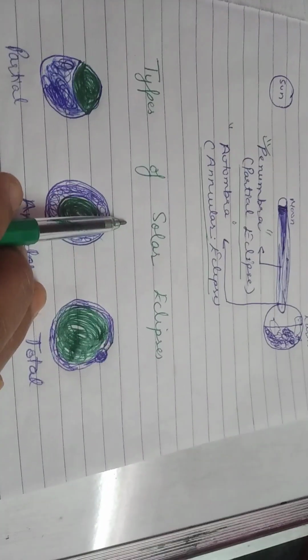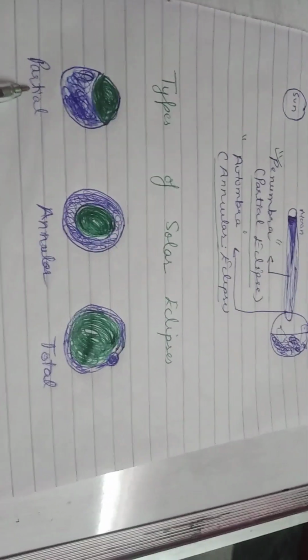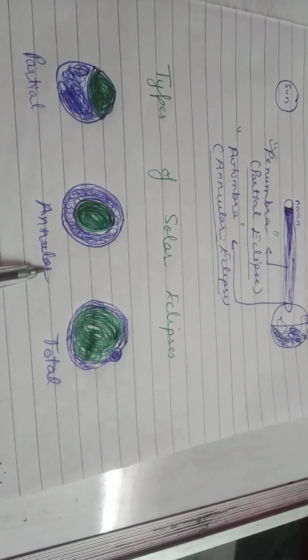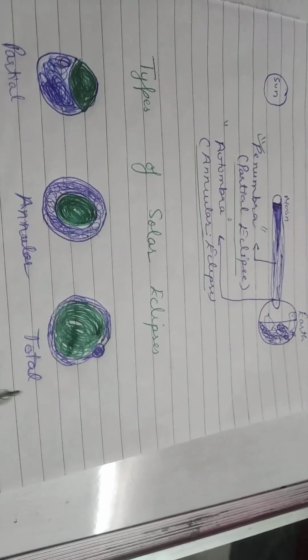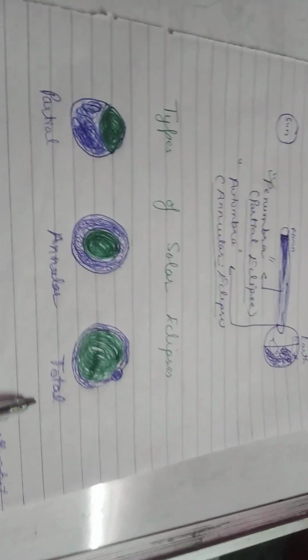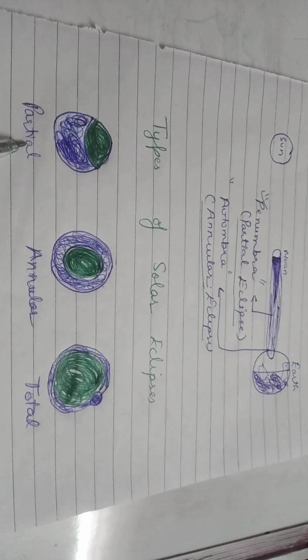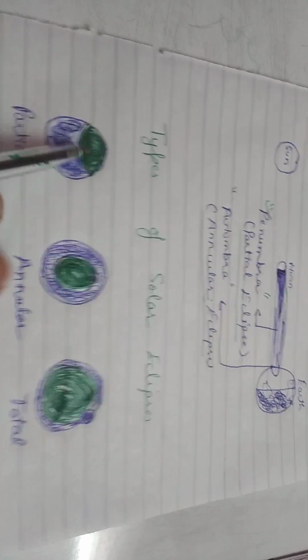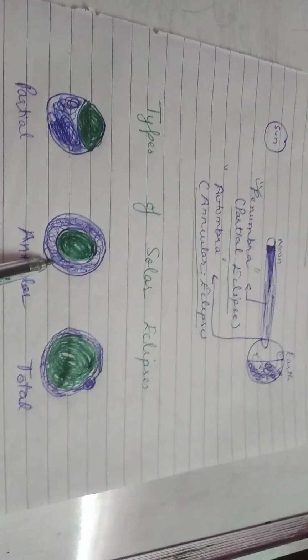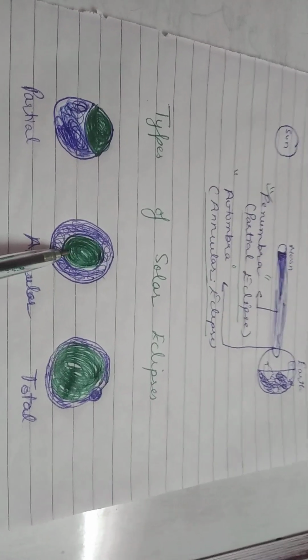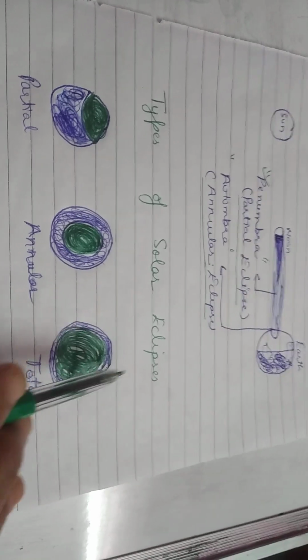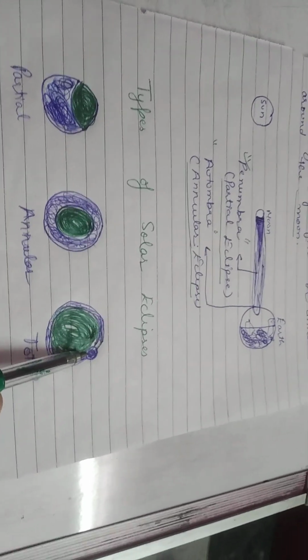Now the types of solar eclipse: partial, in which the sun is partially covered; annular, in which the moon is in the center; and total, in that point of position.